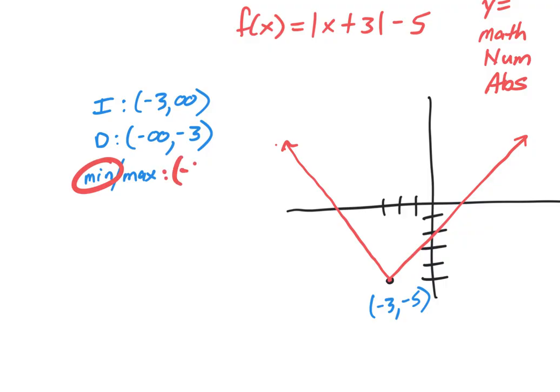If you want to write the ordered pair first, you can, but then we're going to say that it has a minimum of -5, and that happens at x equals -3. So the y value is always your minimum or maximum, and then what is the x value where it hits it at.